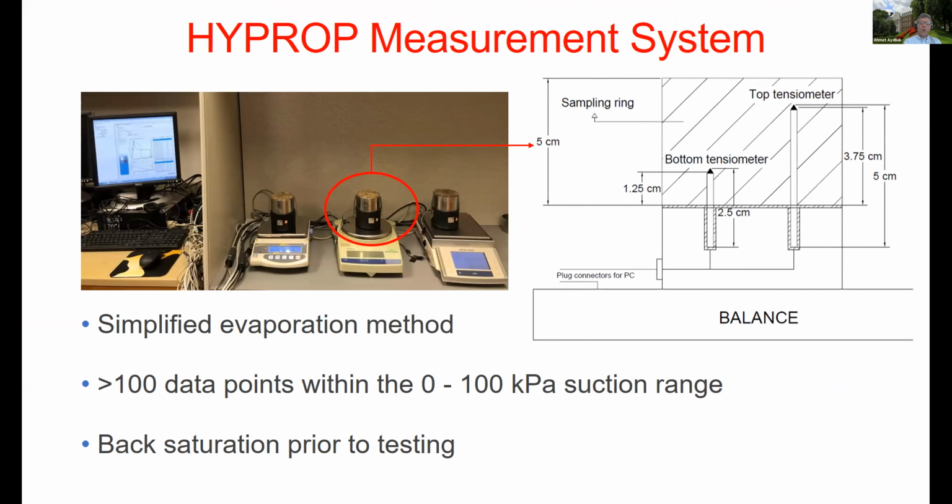It goes up to a 100 kilopascal suction range. Now they have modified the system, and it can go up to 2,000 or 3,000 kPa suction range. So I'm excited about that new system. It requires back saturation prior to testing, and there are tensiometers in these systems that measure suction at different levels.